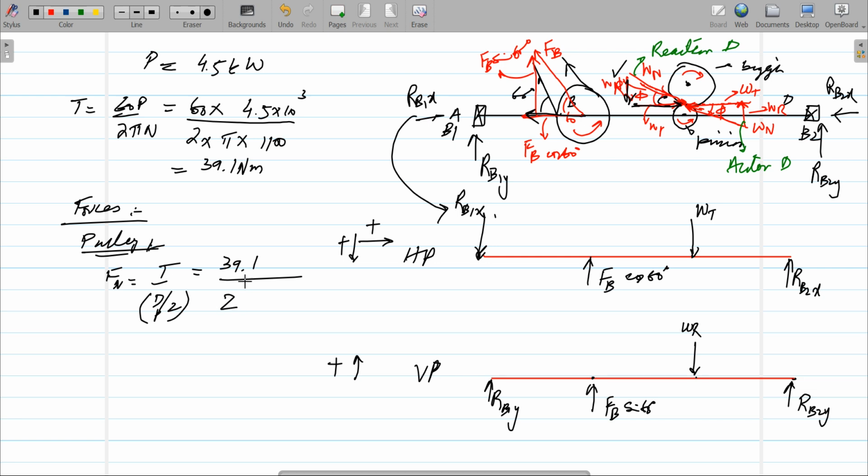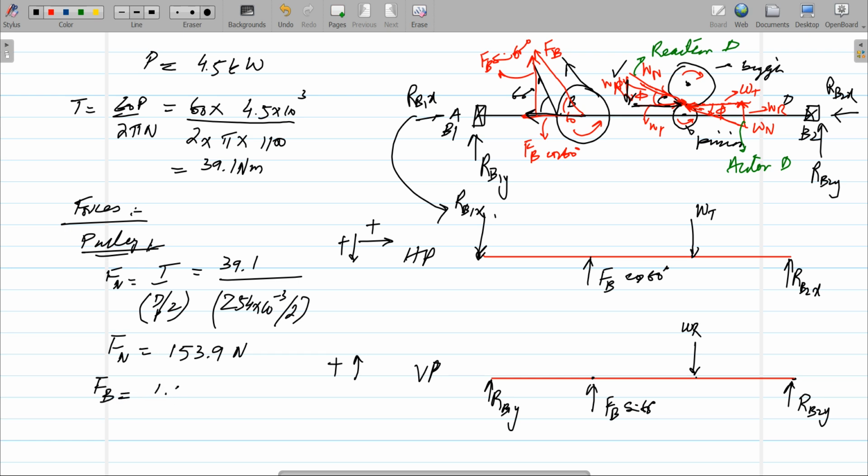Because it's Newton meter, I have to use 254 into 10 to the power minus 3, which is again meters, divided by 2. So the driving force of the pulley is 153.9 Newton.